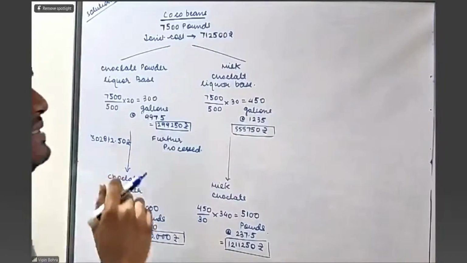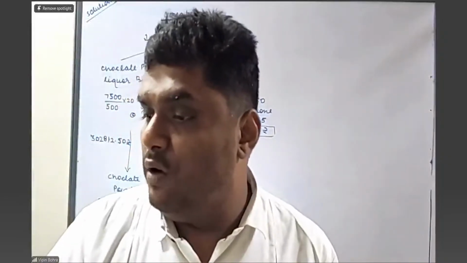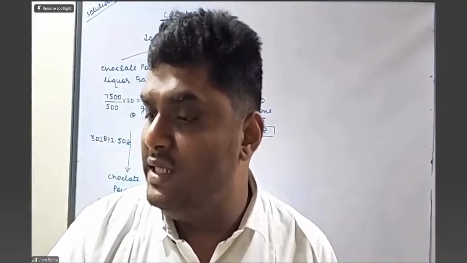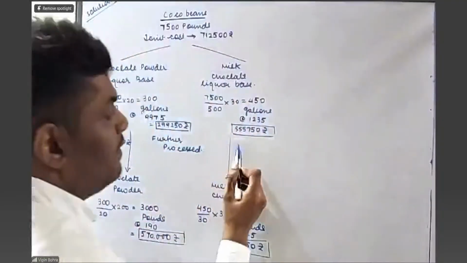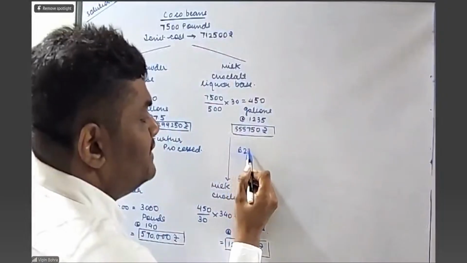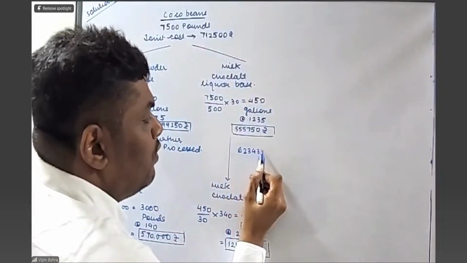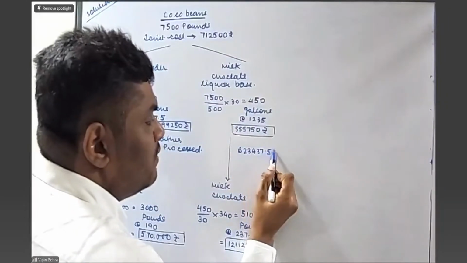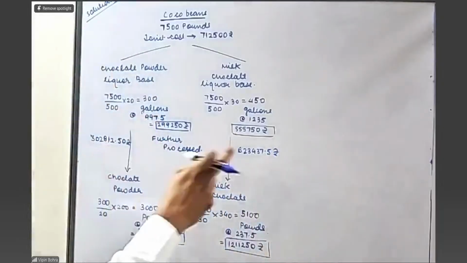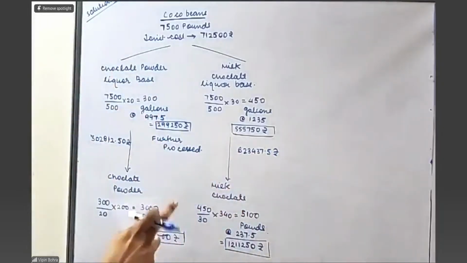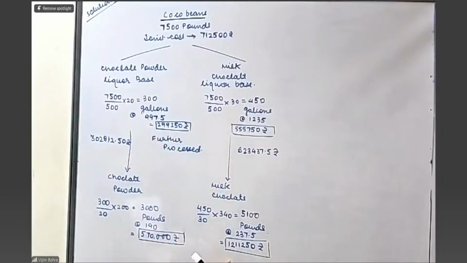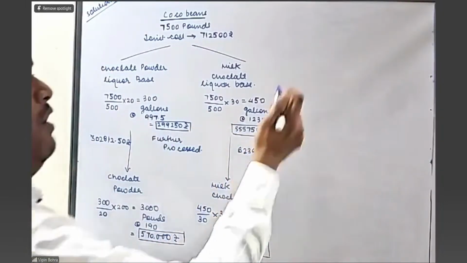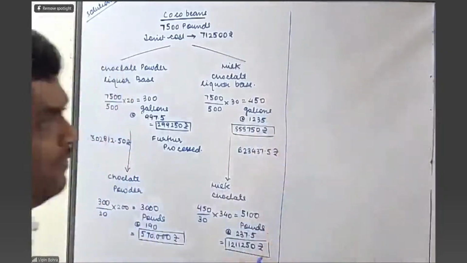This is my further processing cost for this part, and for the second part, processing milk chocolate liquor base into milk chocolate, it is 6,23,437.5. So these two are the further processing costs. These two are the sales value of the intermediate product. These two are the sales value of the final product. So now we are ready with the entire information.